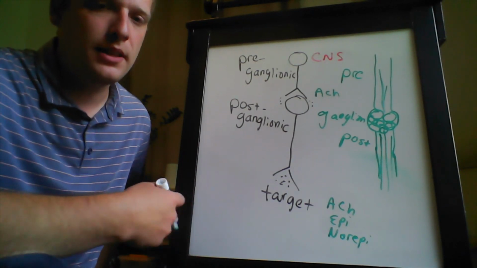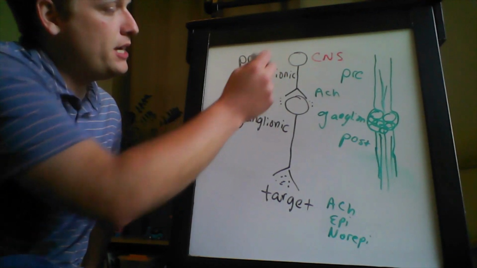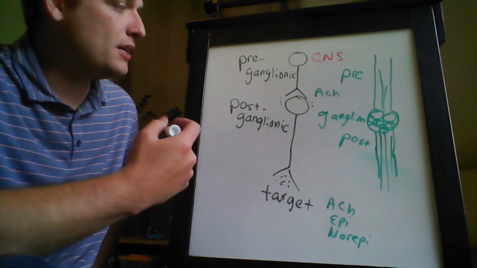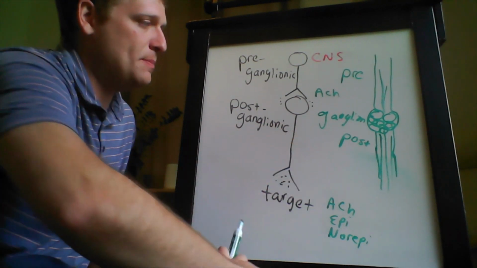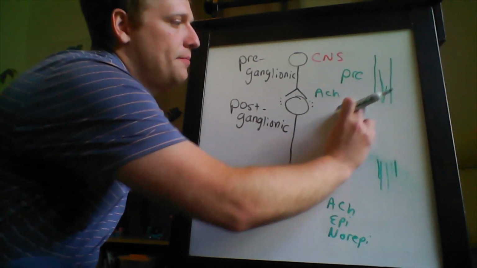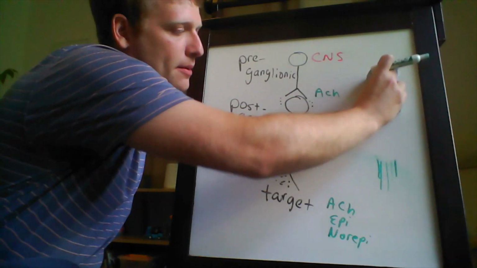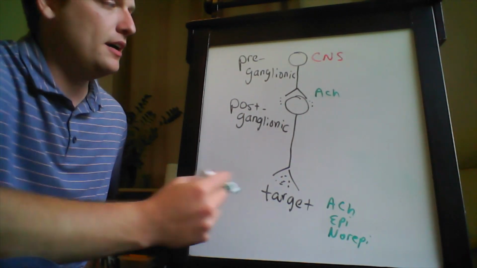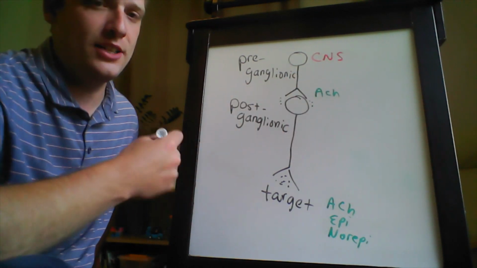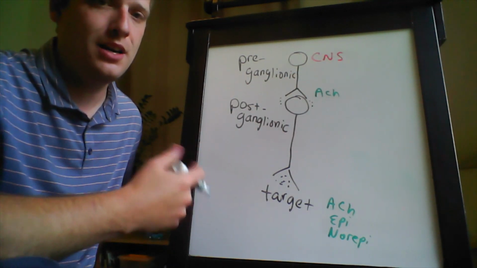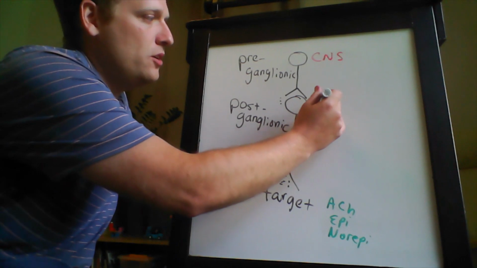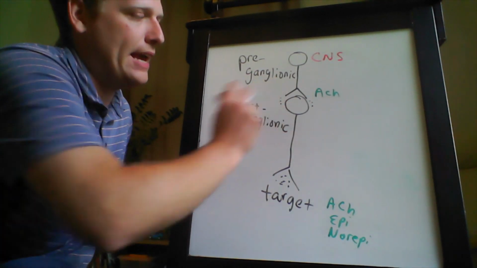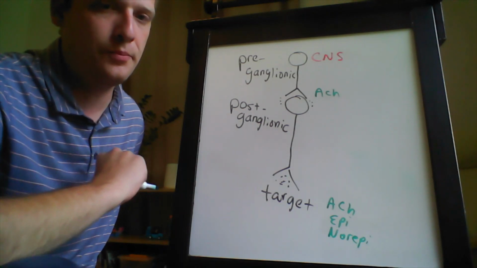One other thing that I would like to mention about these pre- and post-ganglionic neurons is that it's well known what their specific neurotransmitters are. So for both sympathetic and parasympathetic neurons, the pre-ganglionic neuron is going to release the neurotransmitter acetylcholine, so ACh. Acetylcholine is always the pre-ganglionic neurotransmitter.